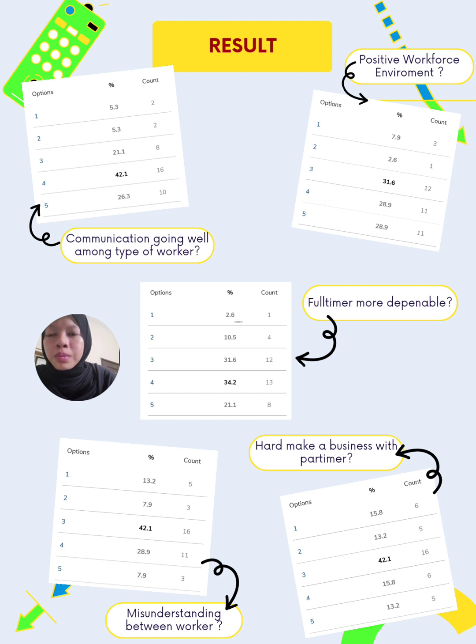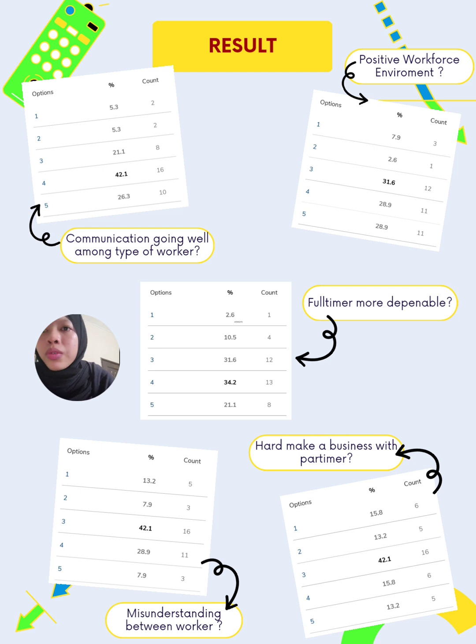From this data, we can see that this data is influenced by maybe the respondents who are likely not really getting along with others, or maybe they are introverted persons. The data for scale 2, which is disagree, recorded 2 respondents, a percentage of 5.3. Okay, I just give the highest and the lowest.